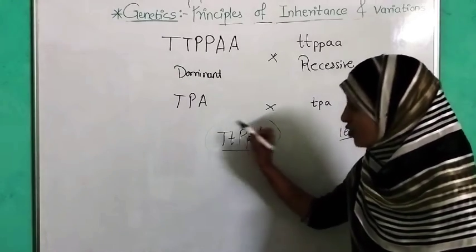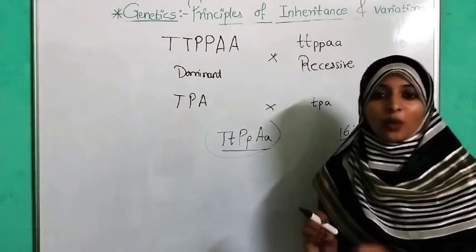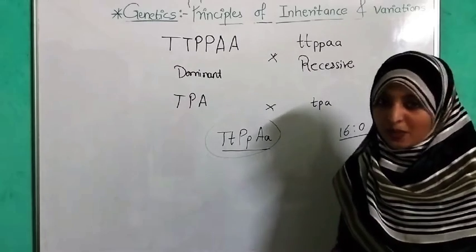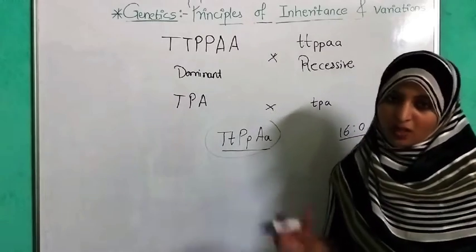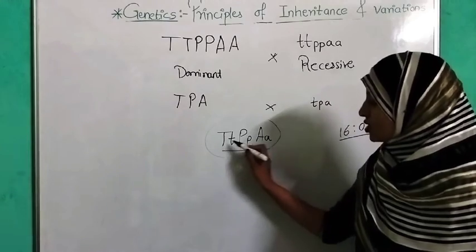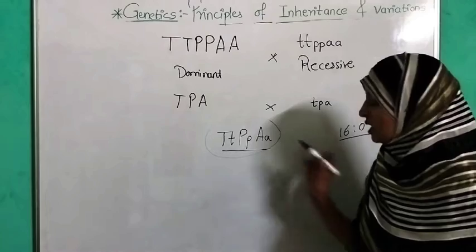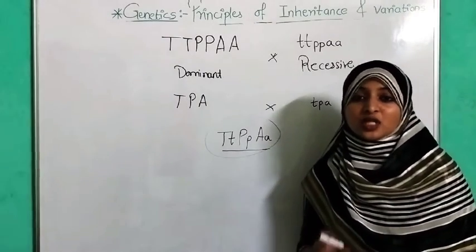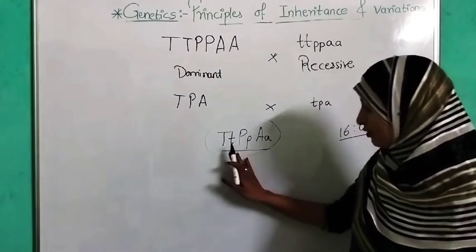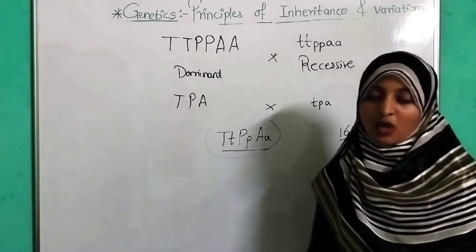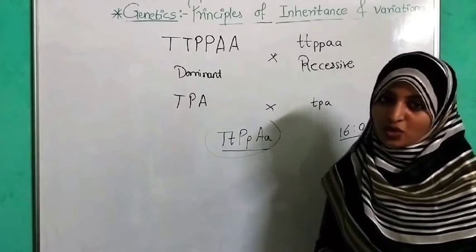But due to the presence of the dominant character, the dominant trait is expressed and the recessive one is suppressed. So we cross capital T small t, capital P small p and capital A small a, and we see the expression of a heterozygous tall plant, purple flower and axial position.